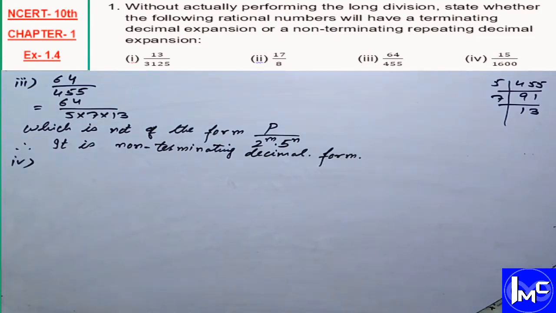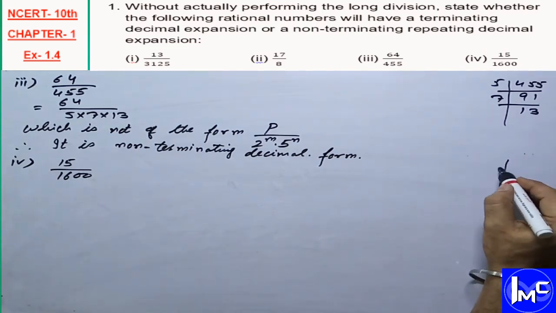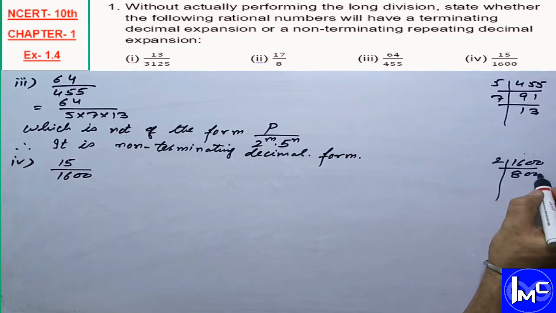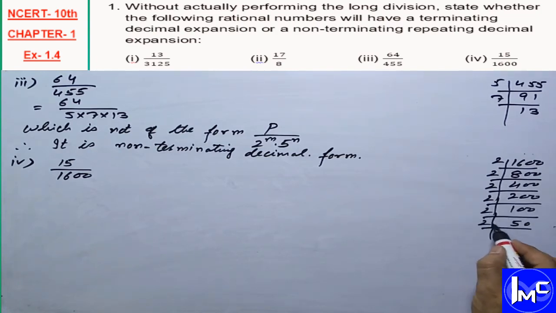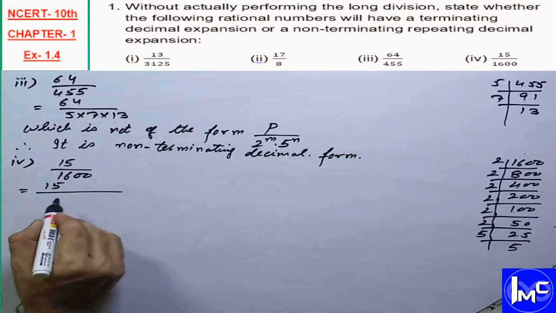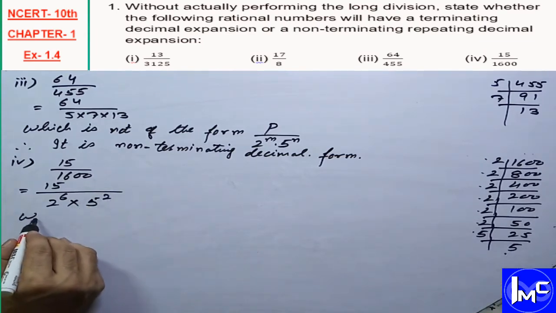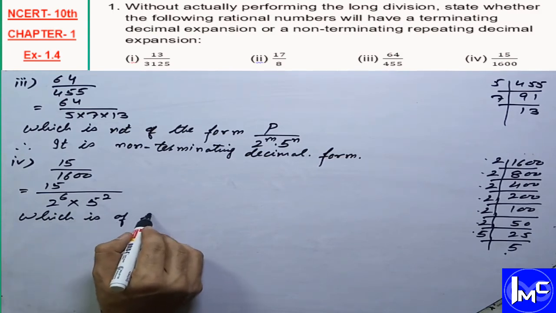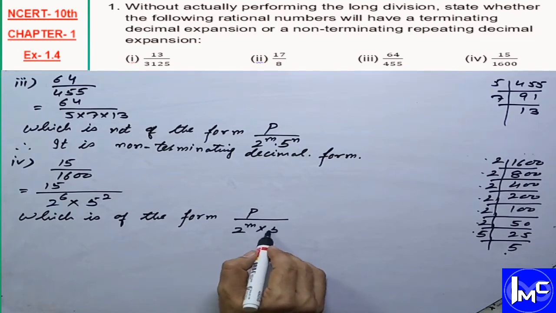Question number 4. 15 over 1600. Again, prime factorization. 2, 800, 2, 400, 2, 200, 2, 100, 2, 50, 2, 25, 5 5s are 25, and it can be written as 2 raised to power 6 into 5 raised to power 2, which is of the form p over 2 raised to power m 5 raised to power n.